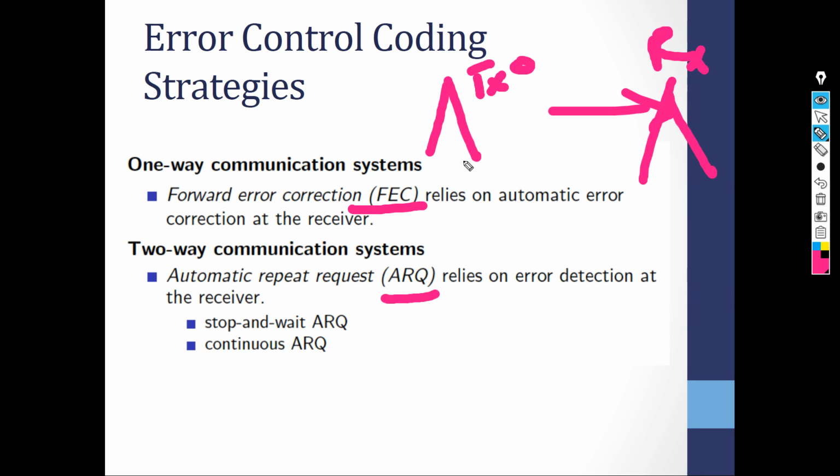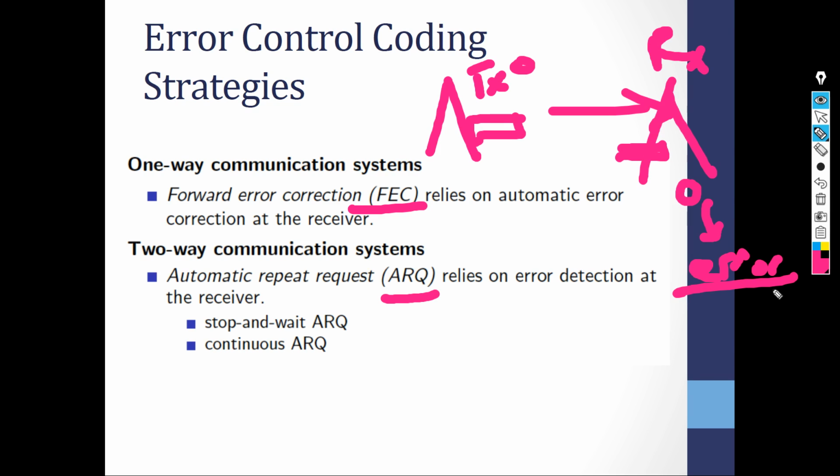How does this work? You transmit your first packet to the receiver. The receiver receives the packet and tries to decode it. If the receiver finds errors in the packet and is not able to decode it successfully, then he declares an error.